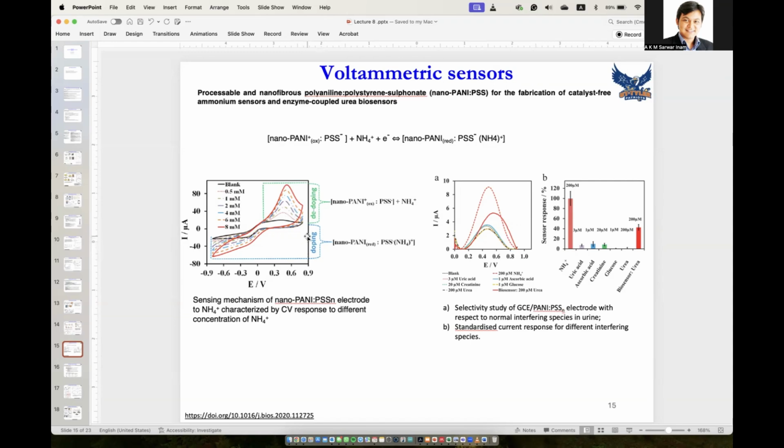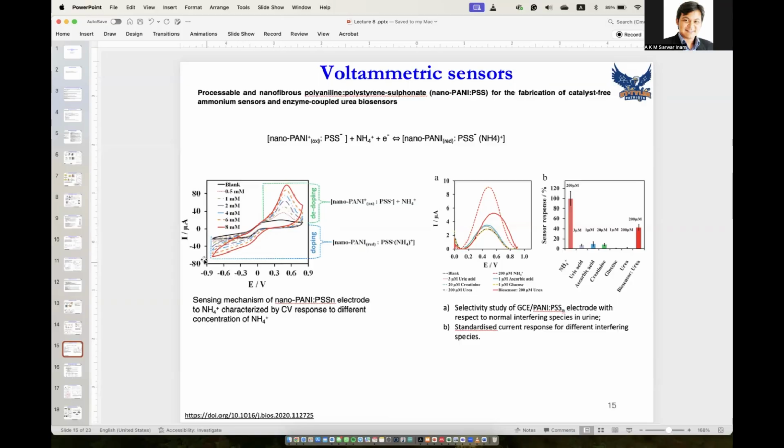So initially what is happening, the nanoPANI, when it is positively charged, then the PSS is negatively charged. So they serve as a non-mobile polyanionic charge compensator within the polymer matrix. In the negative scan of the CV, from 0, positive is here, we are going negative.